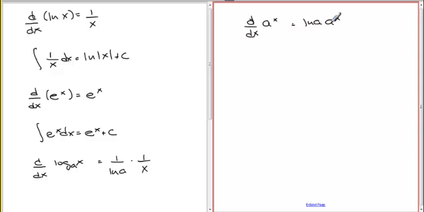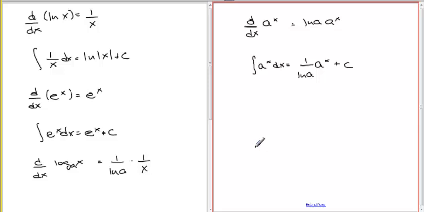It's equation 12, natural log of a times a to the x, and then you've got the other way around. The integral of a to the x dx is 1 over the natural log of a times a to the x plus c. So those are all the ones that involve logarithms and exponential functions.